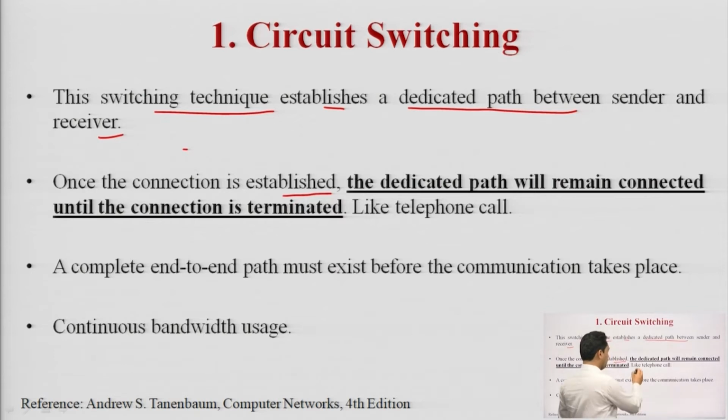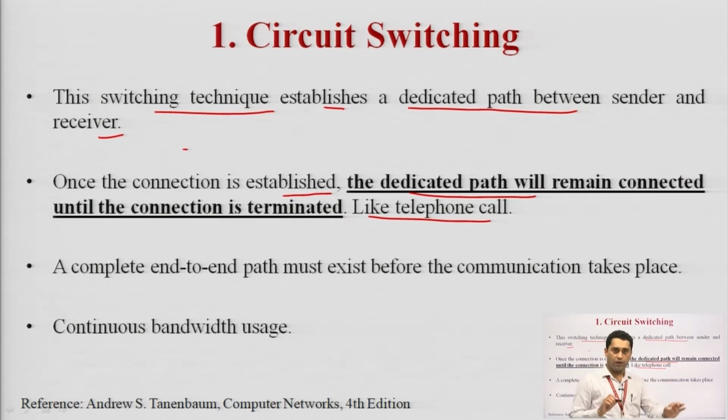The dedicated path will remain connected until the connection is terminated, like a phone call. In a university exam you can write directly that a phone call between friends is the well-known example of circuit switching. In this case, a complete end-to-end path must exist before the communication takes place.